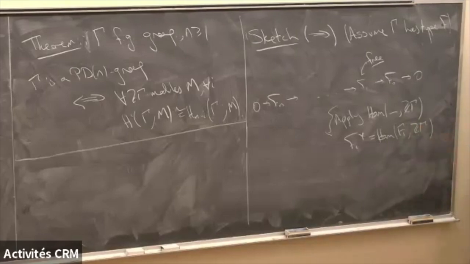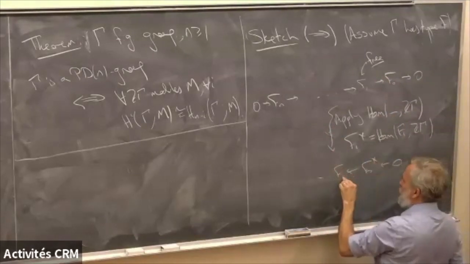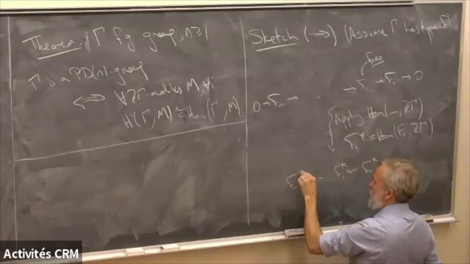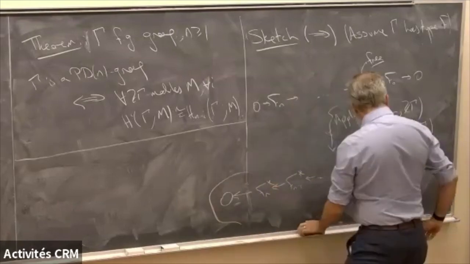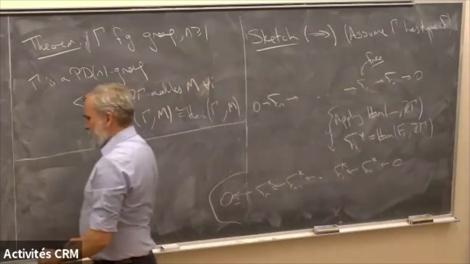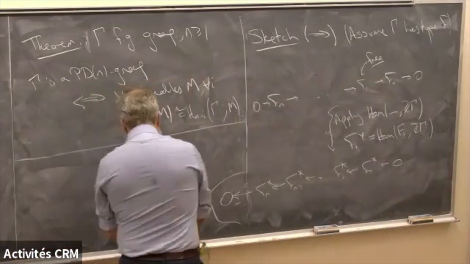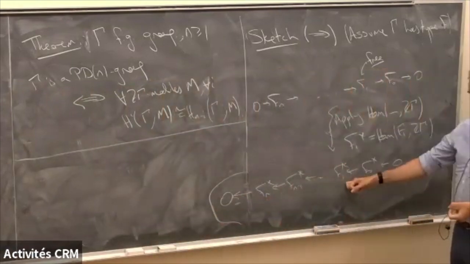It's a dual. These are free modules, and I'm just mapping into there. It's an obvious dual. So F_0 star, F_1 star, up to F_{n-1} star, F_n star. Well, I just took a free Z gamma module and applied Hom(-, Z gamma). So these are all free.